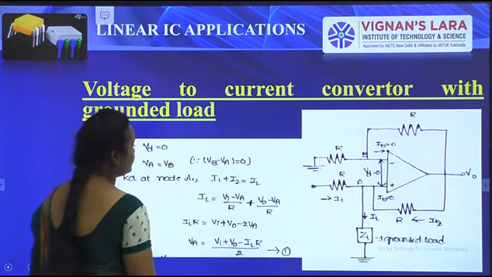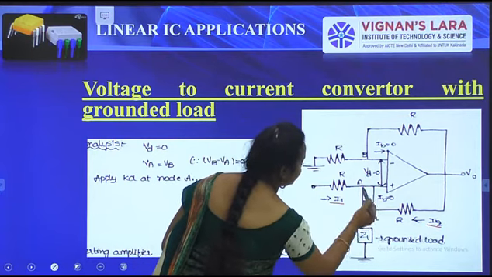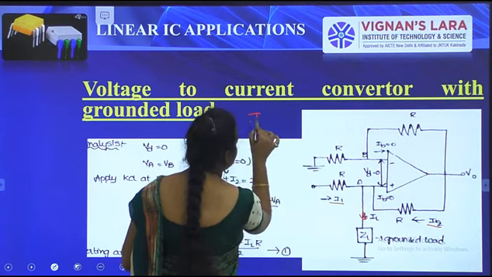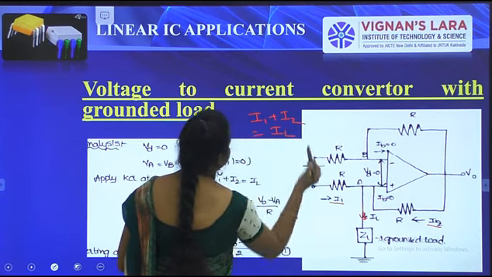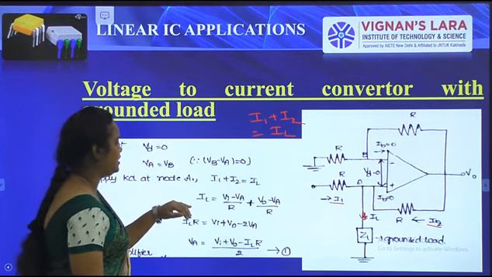From the circuit, I1 is the current at node A, I2 is the current at node A, and IL is the leaving current. So we can write I1 plus I2 is equal to IL. So we are going to derive the load current here.